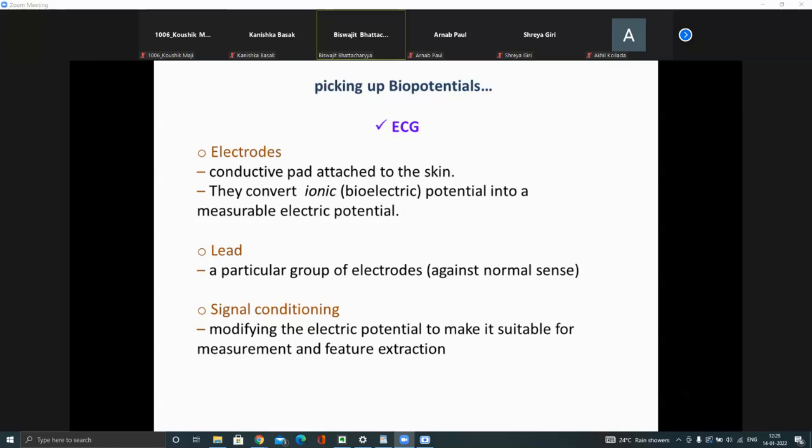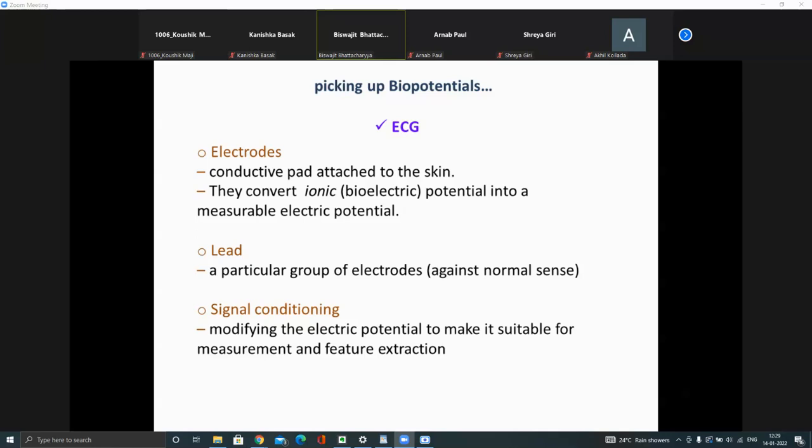And lead. Now what is a lead? A lead is not the electrode. Normally we know a lead means any tip of wire. But actually it is not like that. In the context of ECG, a lead is a particular group of electrodes.